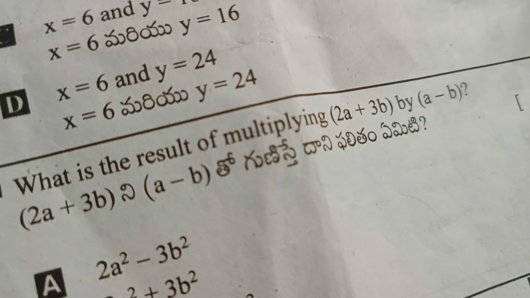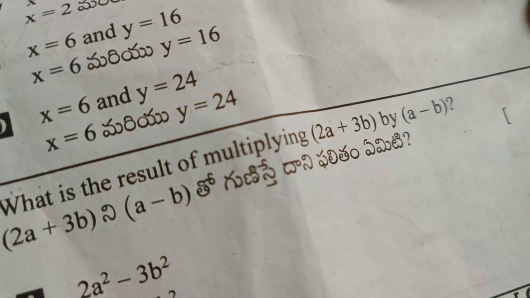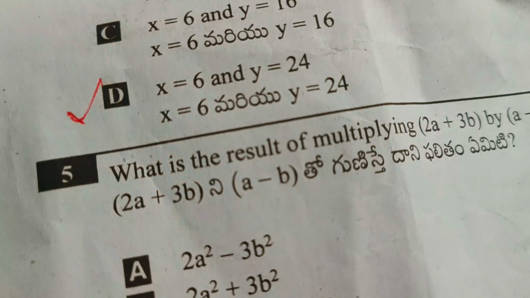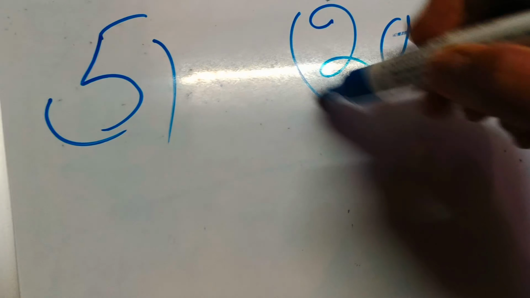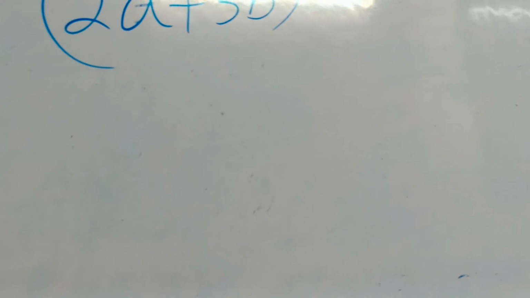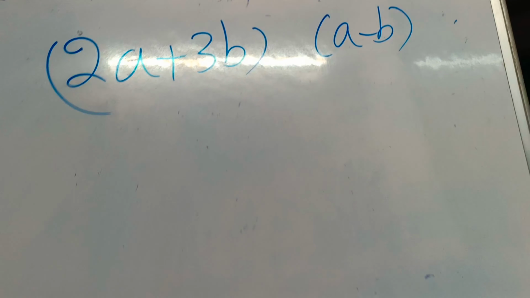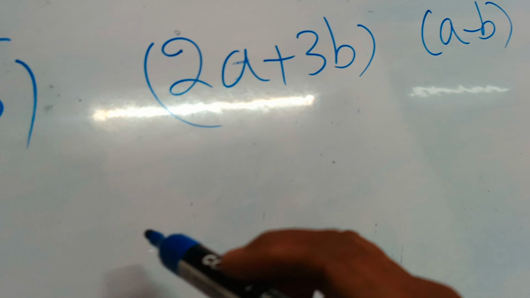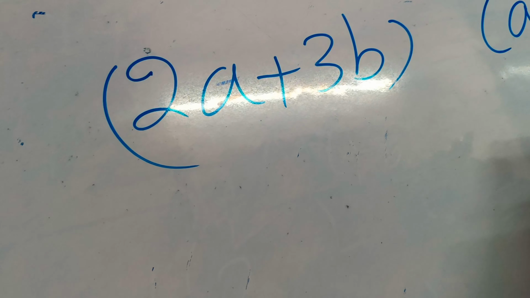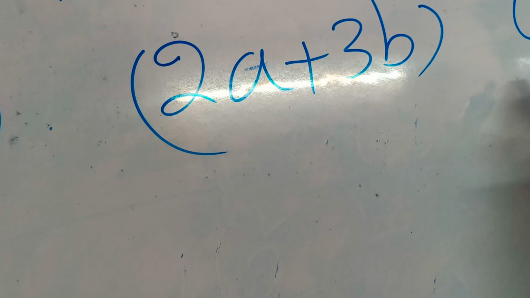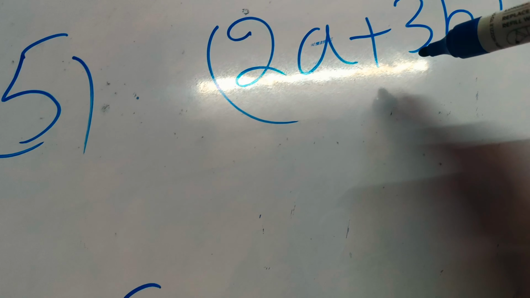What is the result of multiplying 2a plus 3b by a minus b? 2a plus 3b multiplied with a minus b. So first you multiply this expression with a and also multiply by minus b.